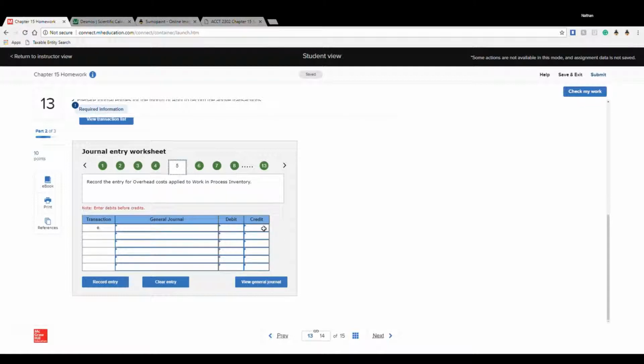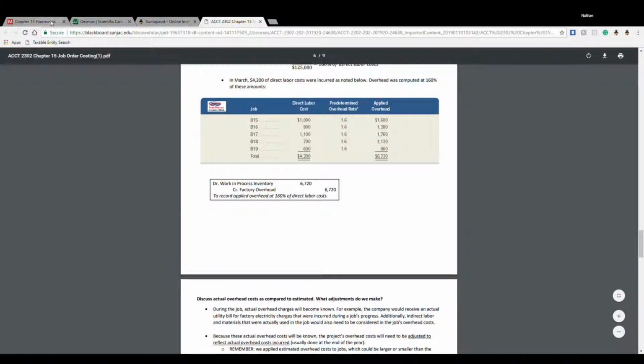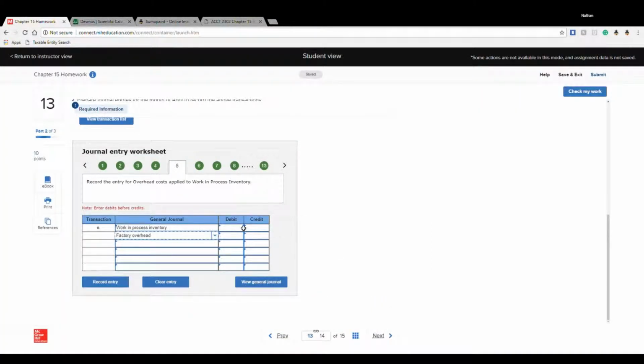Next one, 5. Record the entry for overhead cost applied to work in process inventory. So work in process, factory overhead. Again, all these journal entries you can either find on your notes if we need to, or go actually in the previous questions that we've already basically solved for the journal entries.